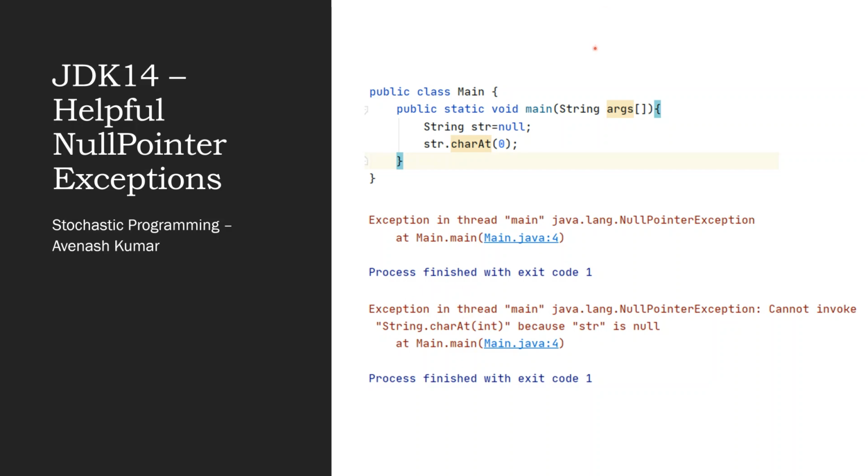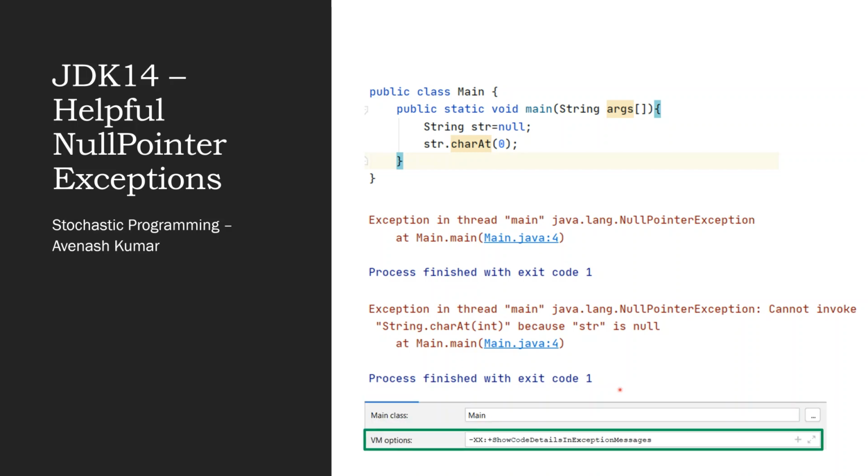By default, JDK 14 still returns the old exception message in such scenario. To enable this feature, we need to pass this additional flag in VM options.